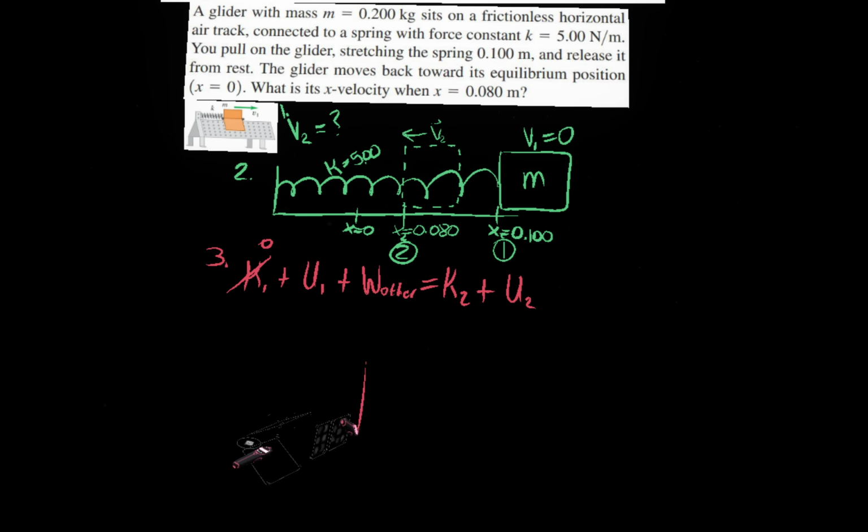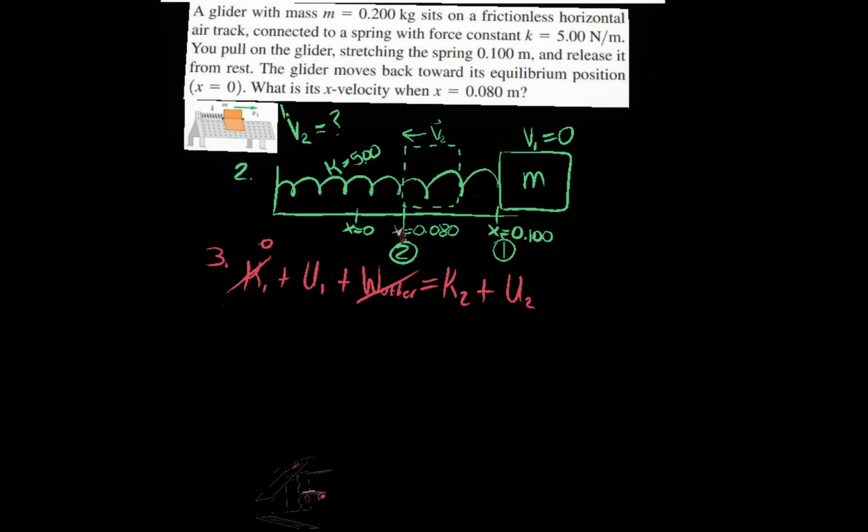How about work other? Is there anything else doing work? We're not pushing it back. We're just letting go. We're ignoring drag force. There's no friction, so there's no work other going on here. So that term goes away.